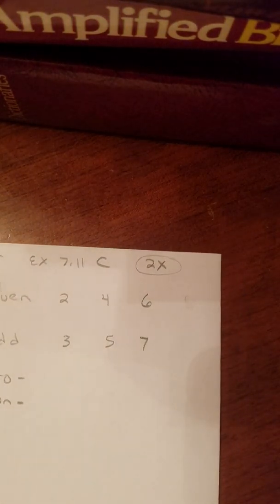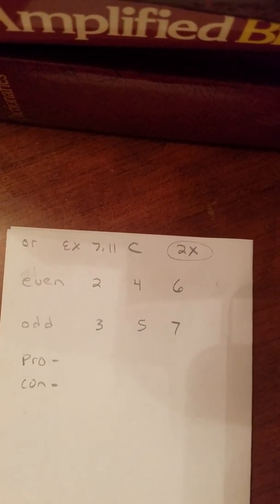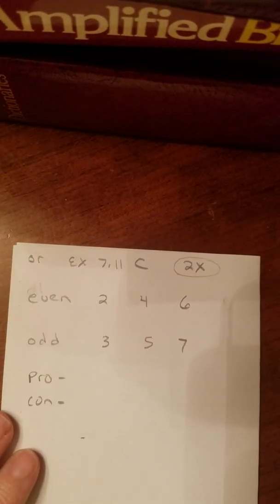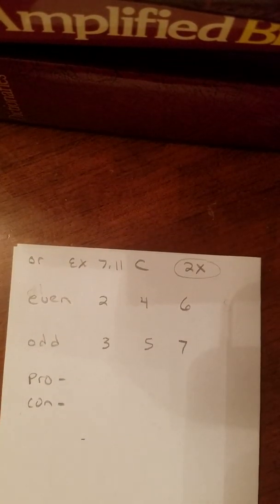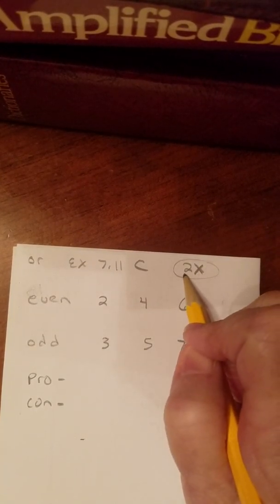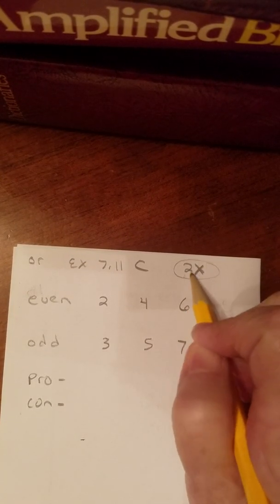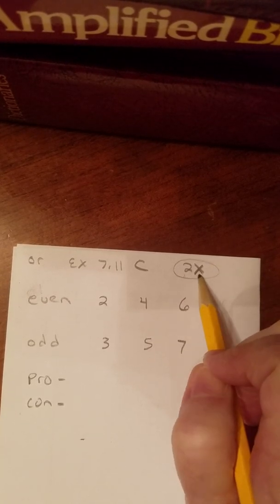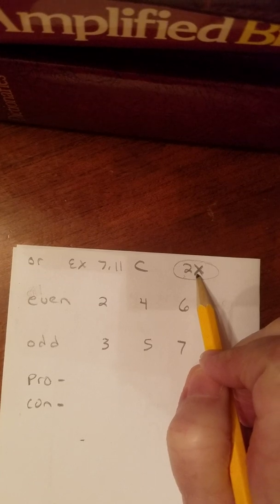They introduce you to another way to work with consecutive odd integers, or consecutive integers. So I'm going to do that same problem, only we're not going to start with x. Let me talk about it a little bit before we do it. If I take 2 times x, 2 times any number, I don't care what number you plug in for x, when you multiply it by 2, you have an even number.